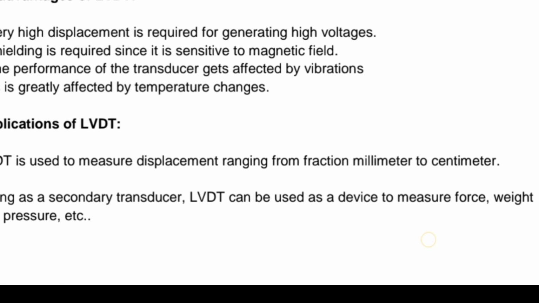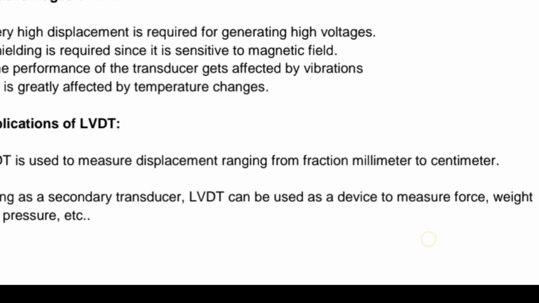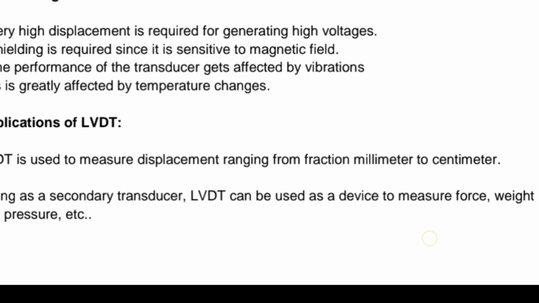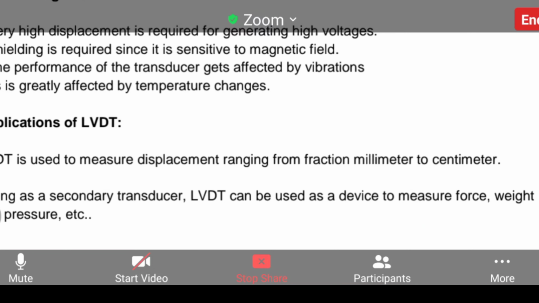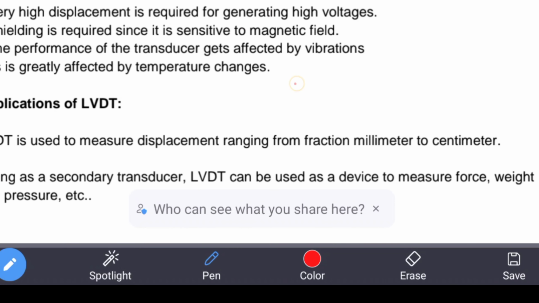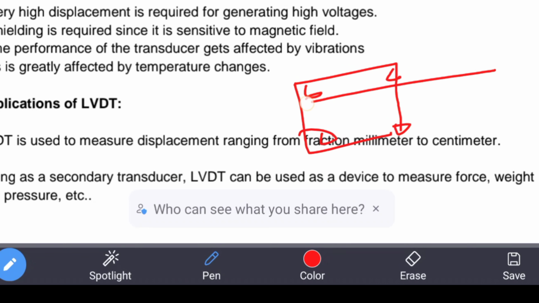LVDT can be used as a device to measure force and weight. In load cells also we are using LVDT. In weighing balances and weigh bridges, we provide load cells, which are LVDTs. If a lorry or truck moves onto the weighing bridge, voltages will be generated in the load cells.